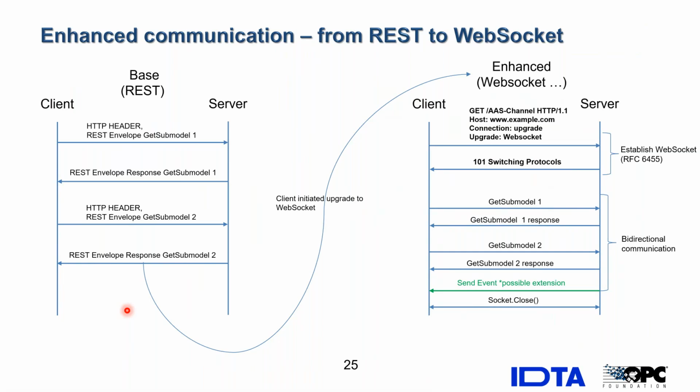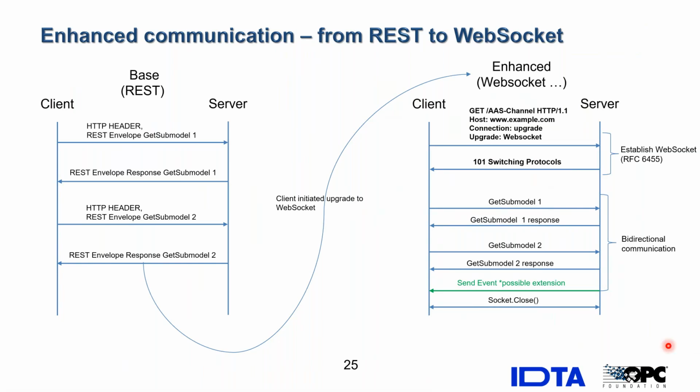This sequence continues until a client decides that it wants to upgrade to the enhanced communication. For this, the client sends a so-called upgrade request to the server, and then the server can decide if it accepts this upgrade call or if it declines it.